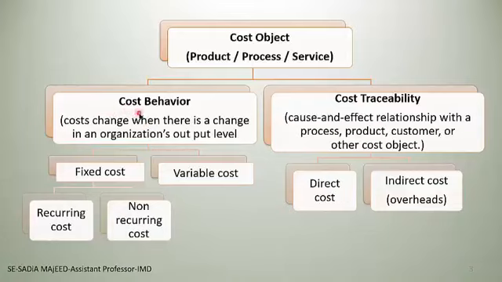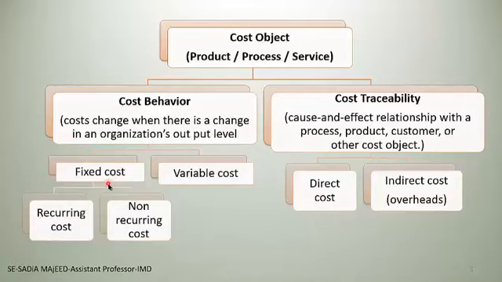In cost behavior, we have two main cost classifications. One is the fixed cost and the other one is the variable cost. Fixed cost further can be divided into two types of the cost. One is the recurring and the other one is the non-recurring fixed cost.